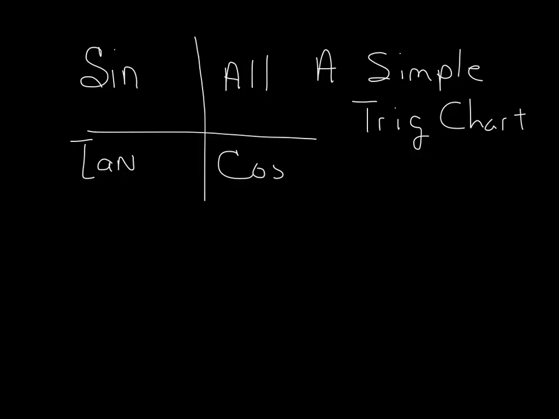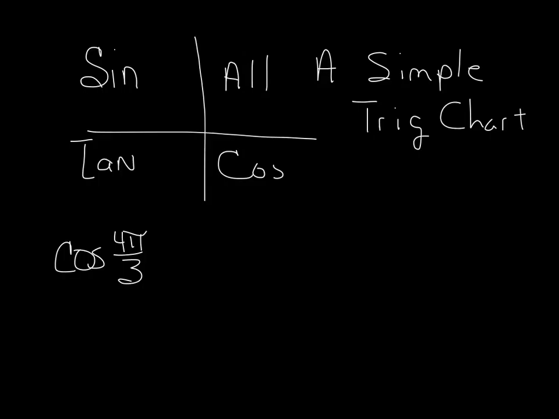So let's think about the cosine of 4 pi over 3. I want to know what's the cosine of 4 pi over 3, but I don't want to have to think that hard and think about the unit circle and where it all is. So what's the reference angle for 4 pi over 3? Pi over 3.